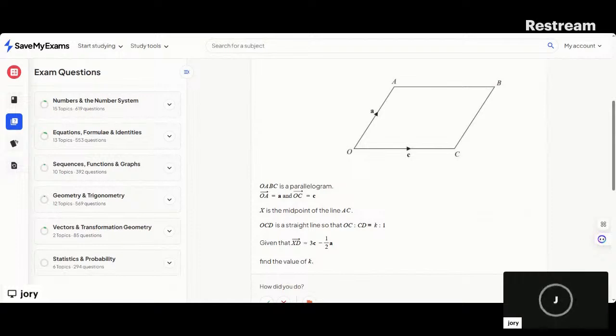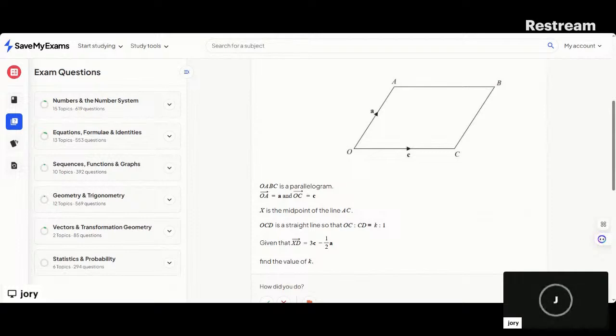And then that XD, right. Okay, and then this XD is 3C minus A over 2.